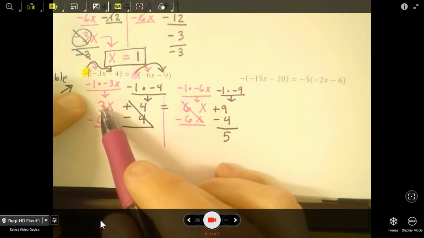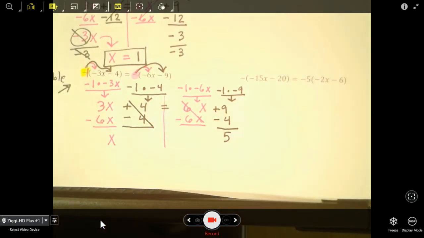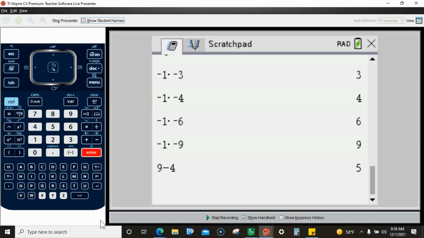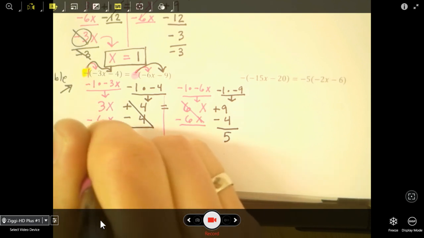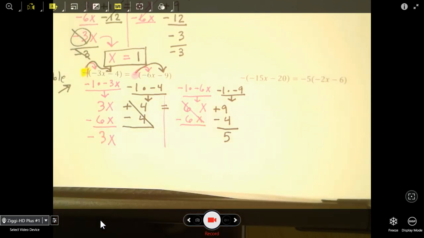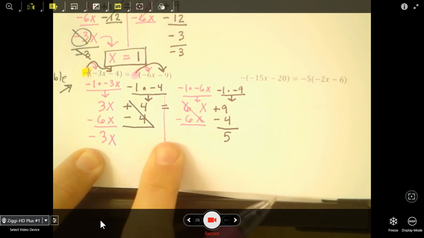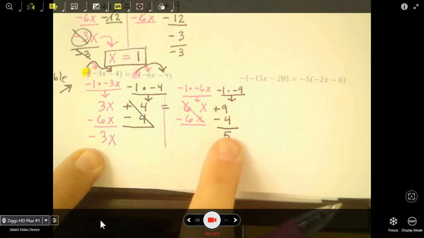So we're going to put this in the calculator. 3 minus 6. So notice I'm just subtracting the coefficients, because if you put an x in there, it's going to give you an error. And it gives me negative 3. So I'm going to come back to it, and this is going to be negative 3. So we have negative 3x is equal to positive 5.